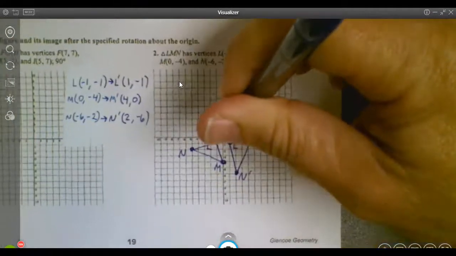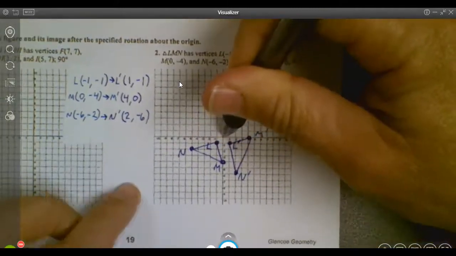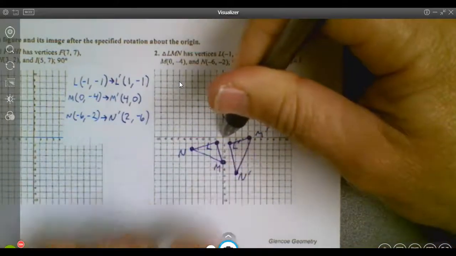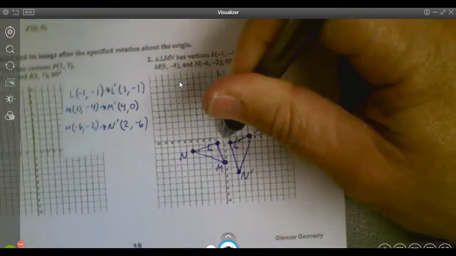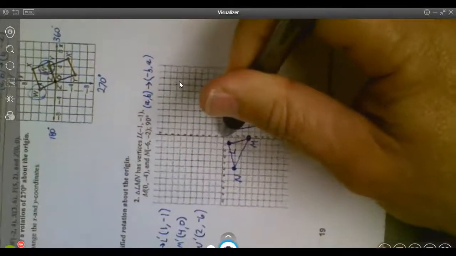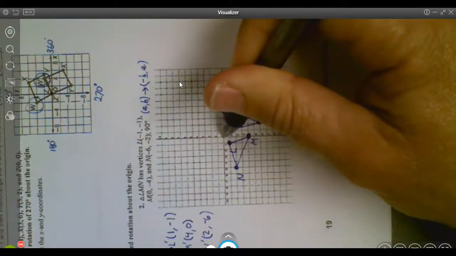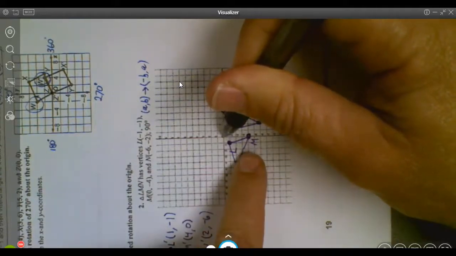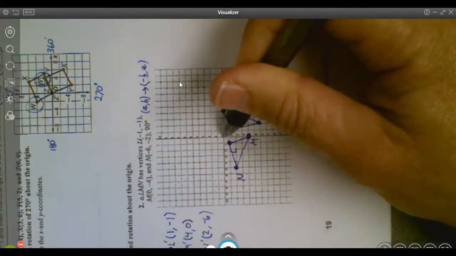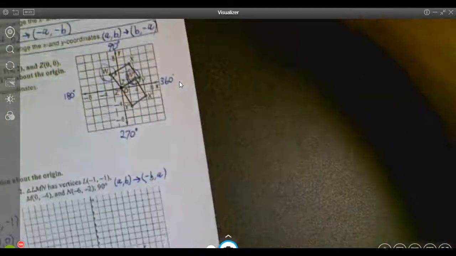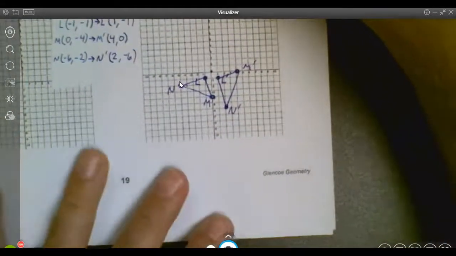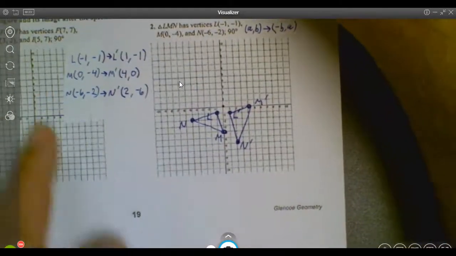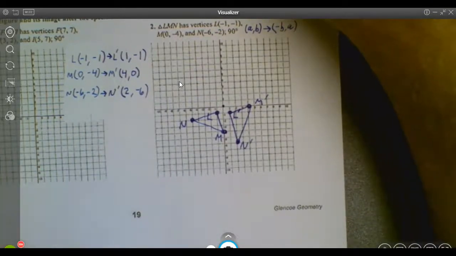If I rotate 90 degrees, this guy is now going to end up in that position. That's exactly what's happening. So this is now in the position of where I just drew my image. Like I said, very tough to do visually. It really helps to know the rules as we do this. So that was our 90 rule.